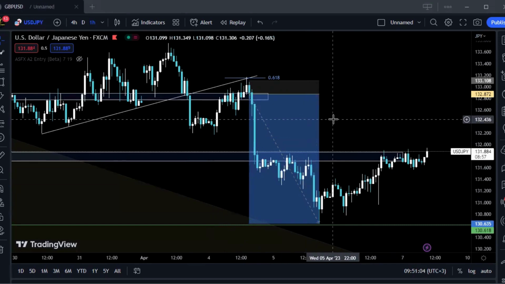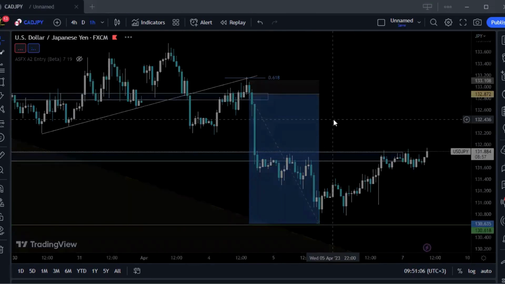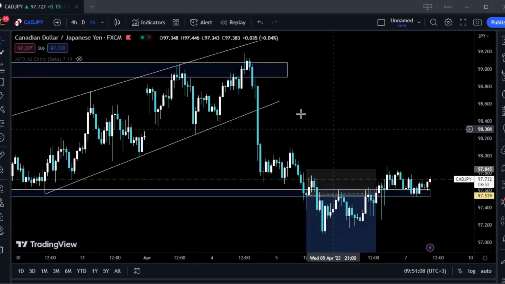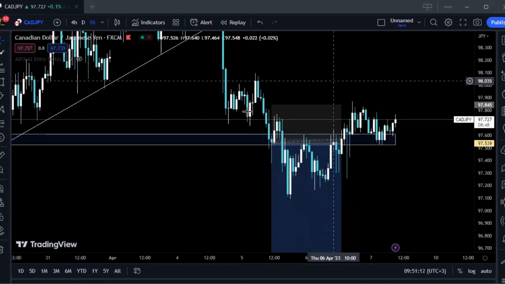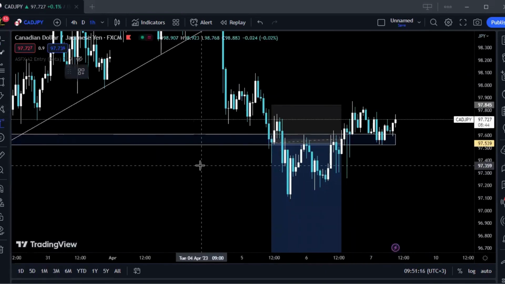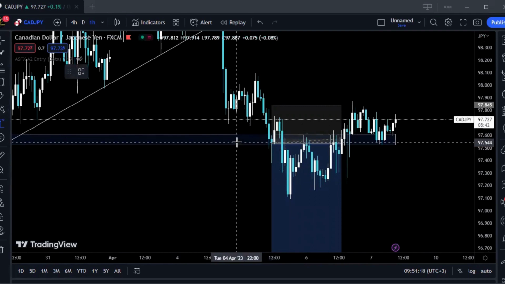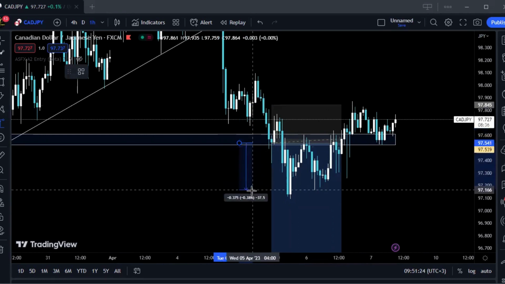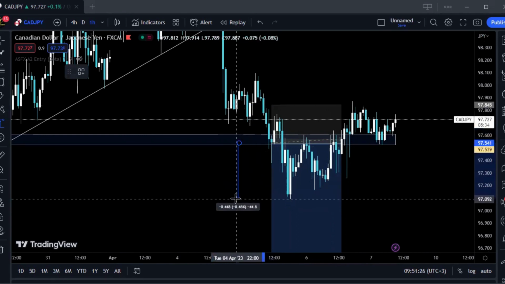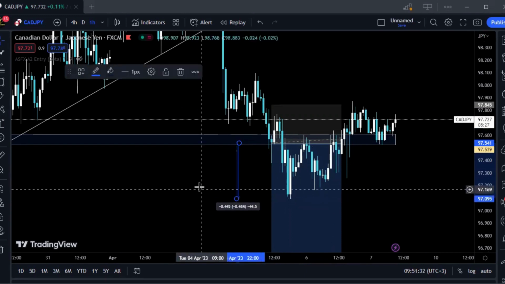Cool. So the second trade was CAD JPY. We took this trade here. It was a kind of heavy trade, a 30 pip stop loss, and then prices extended to over 45 pips into profit.